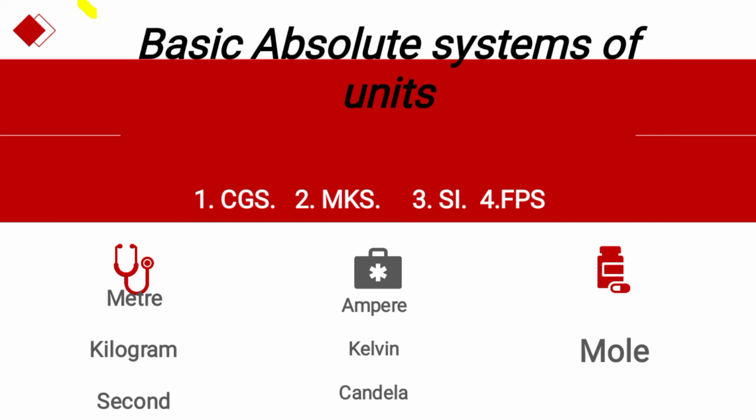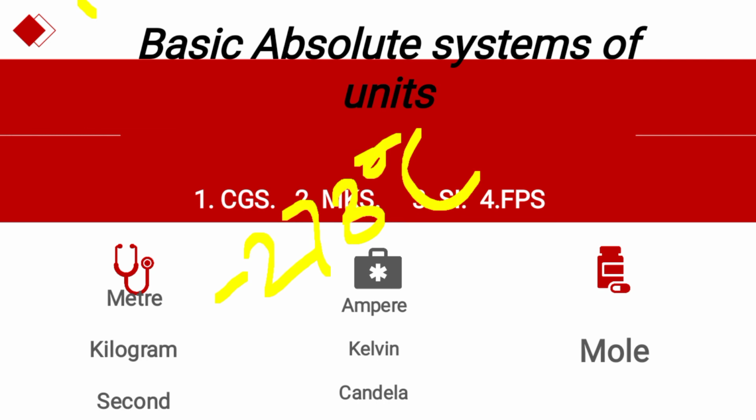And let's see the Kelvin. Kelvin is the unit for the measurement of temperature in SI system. The 0 of Kelvin scale is chosen as minus 273 degrees Celsius, known as 0 Kelvin, and is known as absolute zero. Each degree on this scale is equal to 1 unit on Celsius scale.